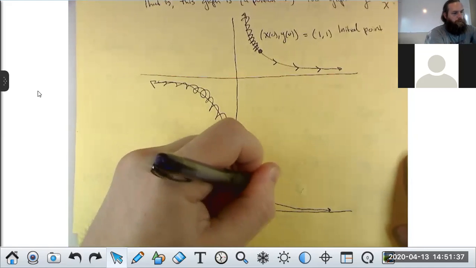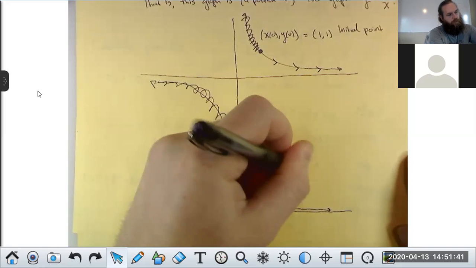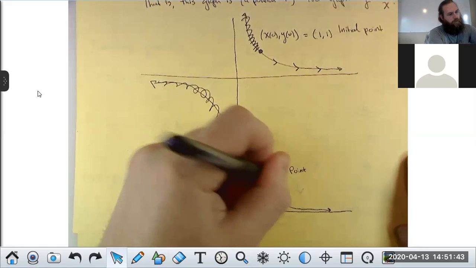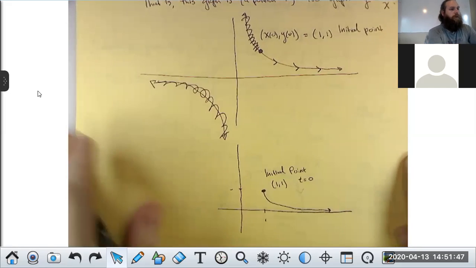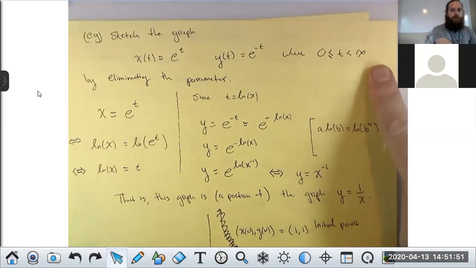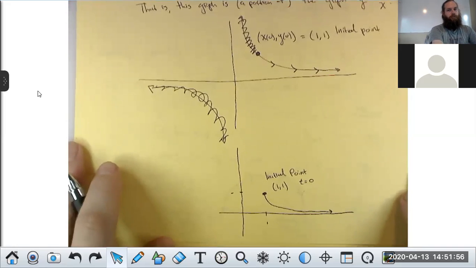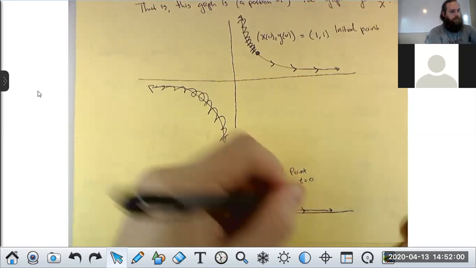I don't have a terminal point. This is associated with t equals 0. I don't have a terminal point because t here was allowed to run all the way out to infinity. So I just have an initial point. And my orientation is like this.